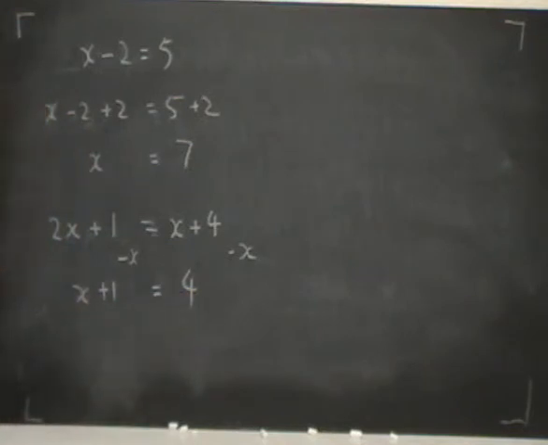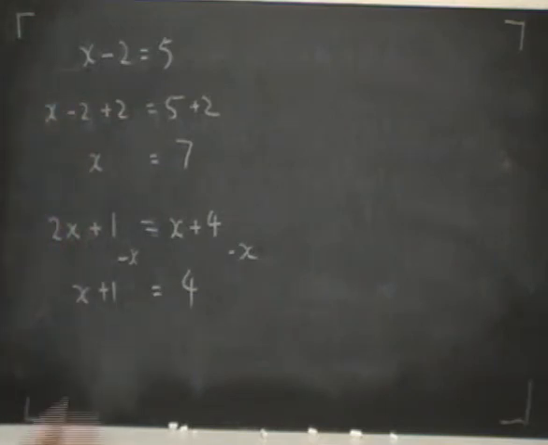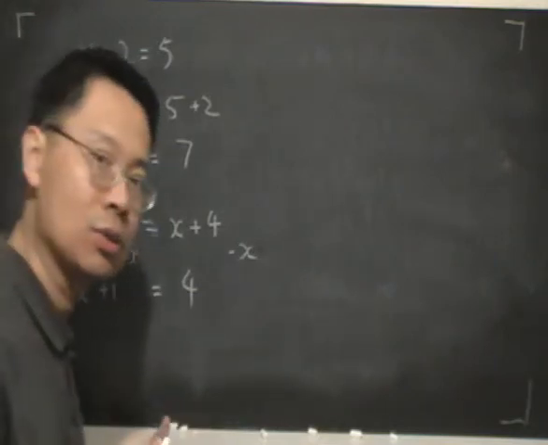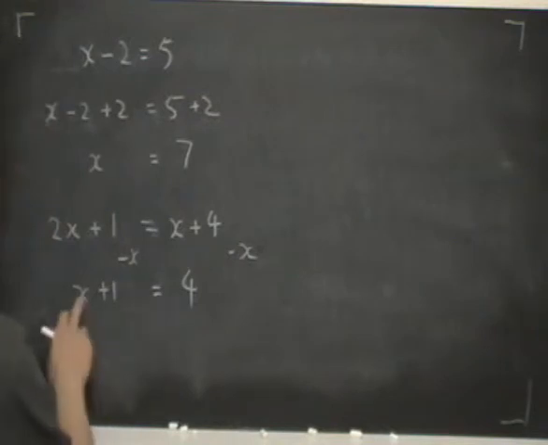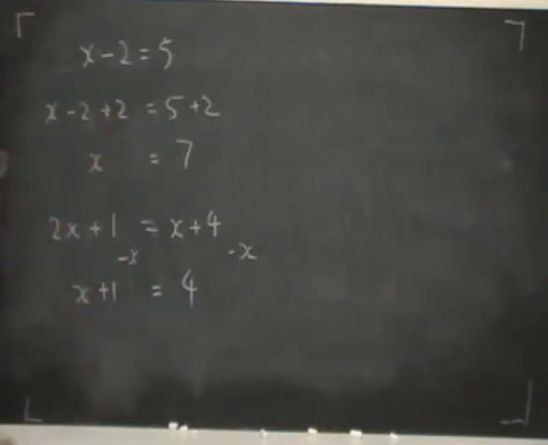We can do that. You can even guess right away that 3 is the answer because 3 plus 1 is equal to 4. Well, let's just apply the rule that we have learned. x plus 1 is on the left side. We want to get rid of the 1 so that we have just x.